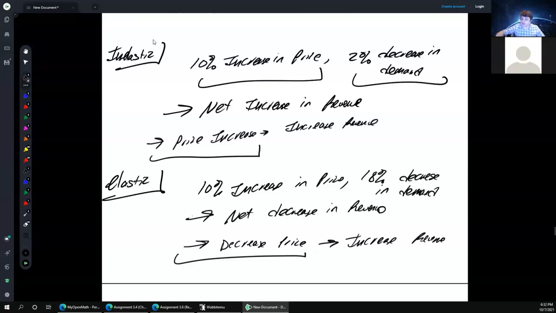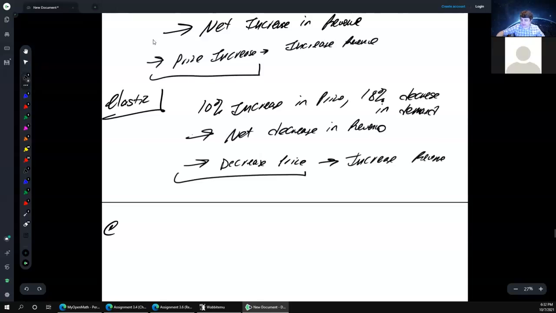So the question then becomes, well, okay, what happens if we're unit elastic? And it turns out that is when we actually hit our max revenue.